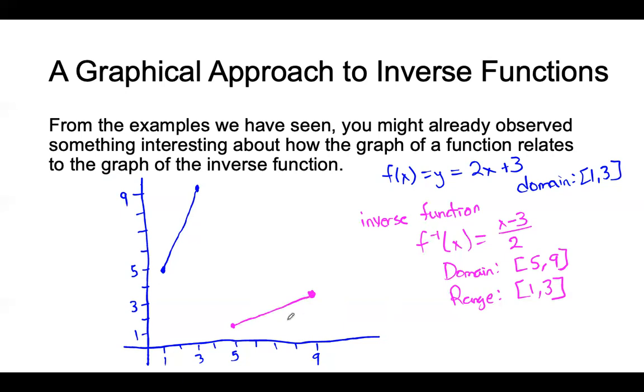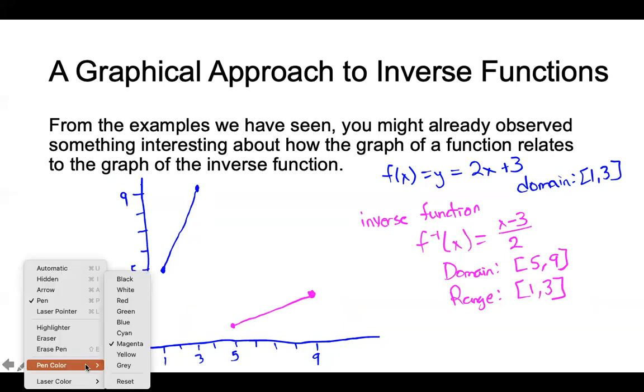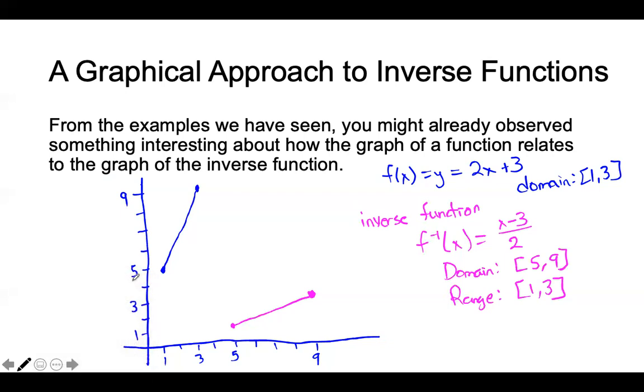Okay. So what kind of pattern do you see? Anyone? Yes? Exactly, but what is it rotated on? Right. And what is this line called? It's called y equals x. So it looks like it's kind of reflected along the y equals x line.